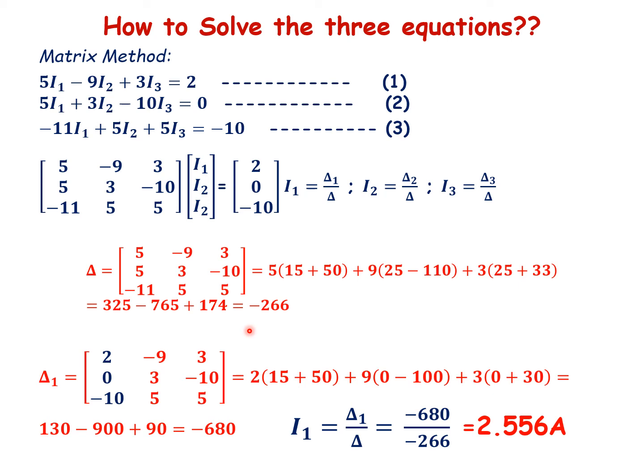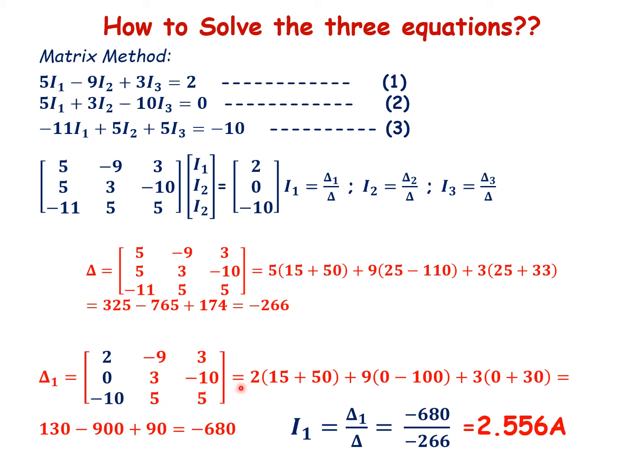Next find out delta 1. How to find out delta 1? The first column values are removed and instead of the first column the voltage values are substituted. So 2, 0, minus 10; minus 9, 3, 5; 3, minus 10, 5.